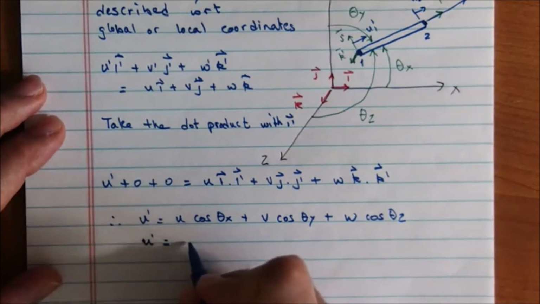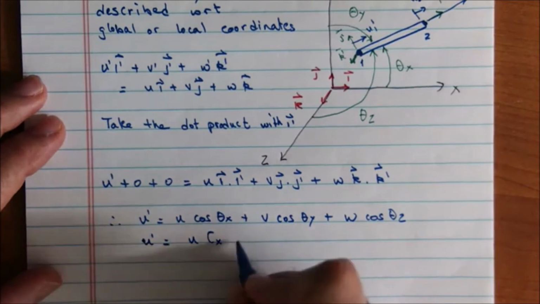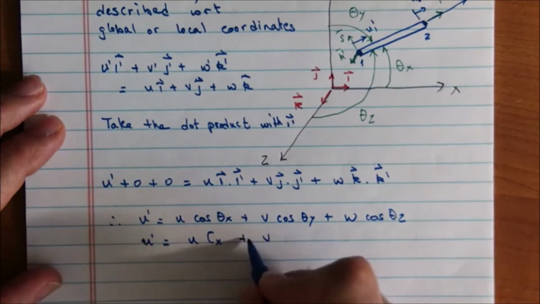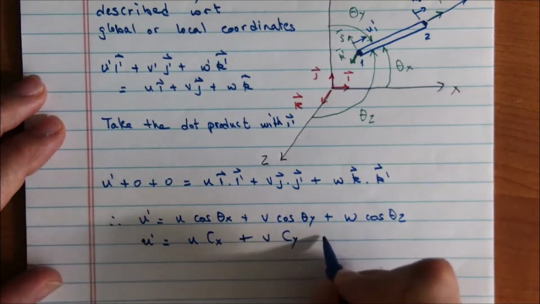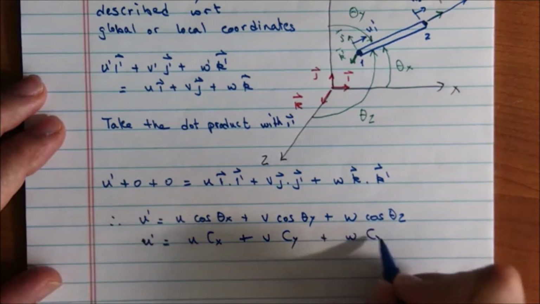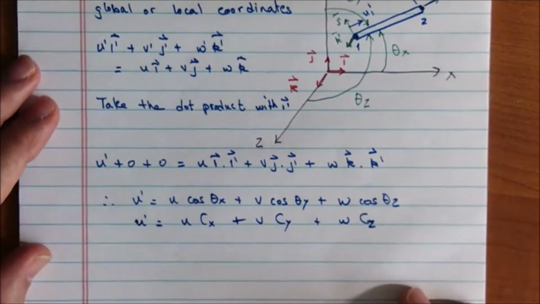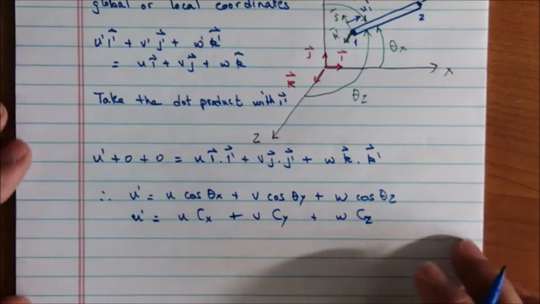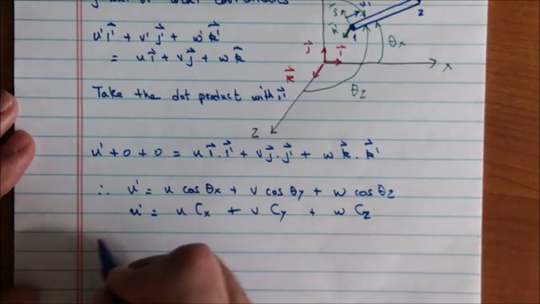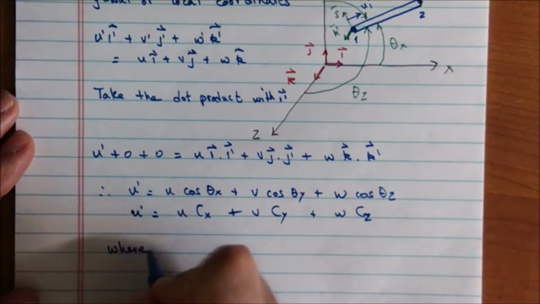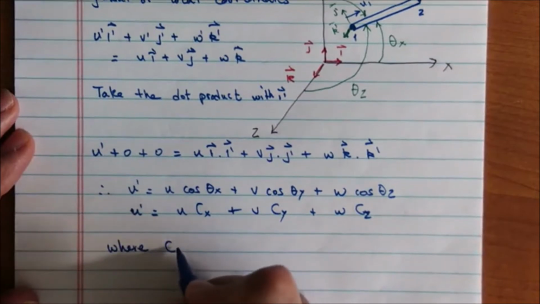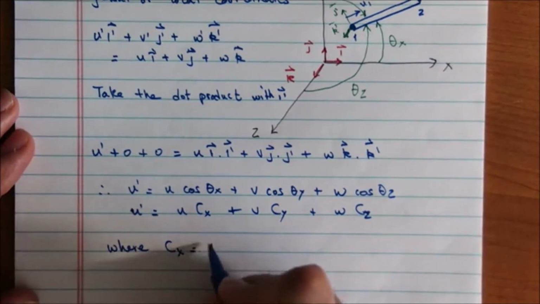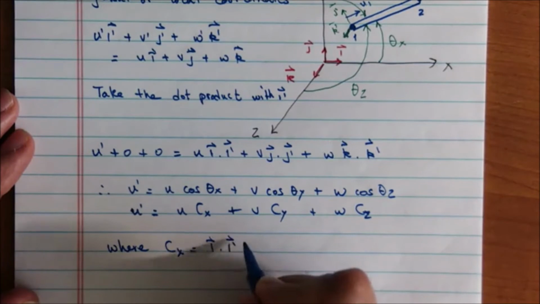For simplicity, I can write that as U prime equal to U uppercase CX plus V uppercase CY plus W uppercase CZ, where CX is equal to I dot I prime.